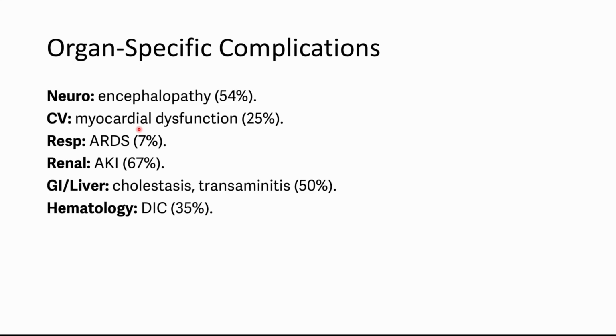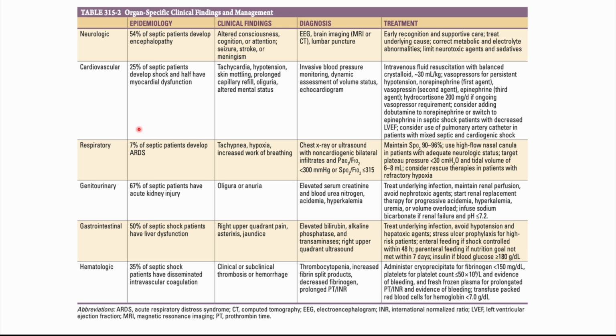And hematologically, 35% get DIC. So every system can fail, and you need to anticipate complications before they happen. This is why ICU care is not just about fluids and antibiotics, it's about monitoring and supporting every single organ. So that's what I was telling about organ specific clinical findings and management. You can take a screenshot of it and go through it.